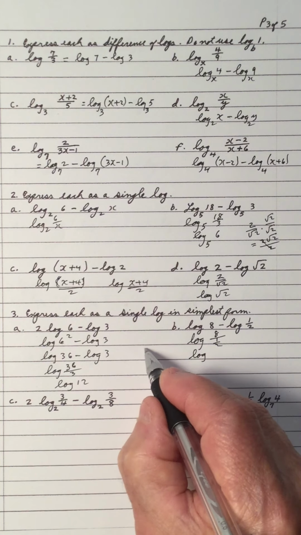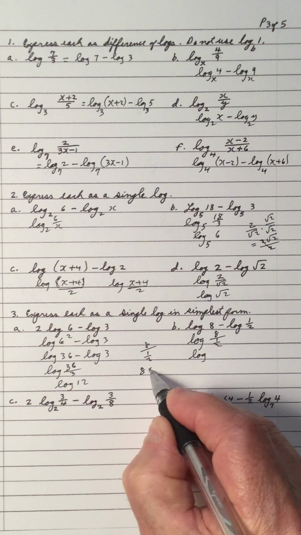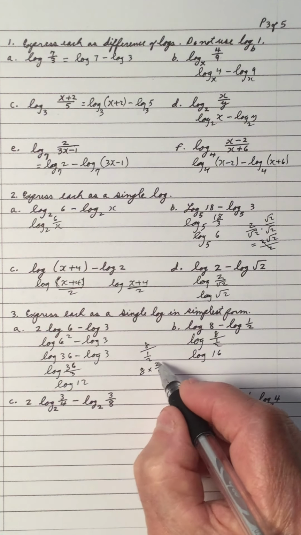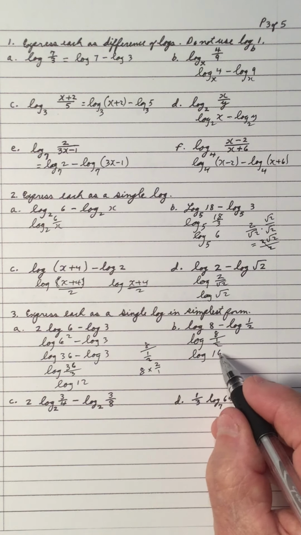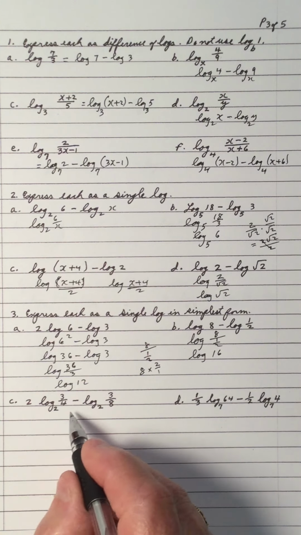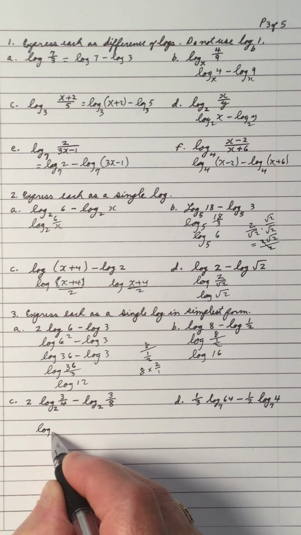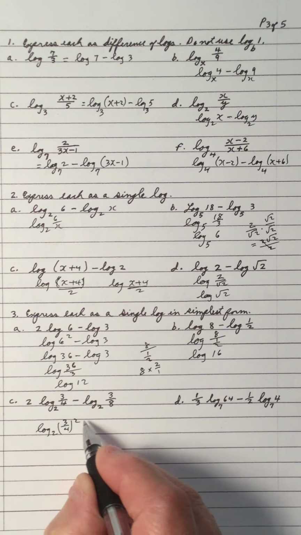So to work that out, 8 divided by 1/2 is 8 times 2 over 1. That makes it 16. When we divide, we multiply by the reciprocal. Log 16. And we have a power rule here, so this is the log of 3/4 squared.